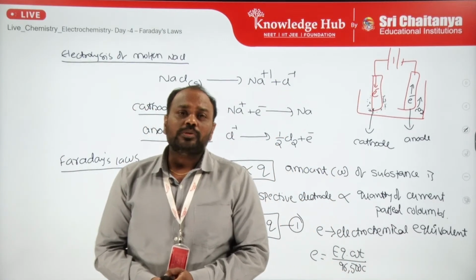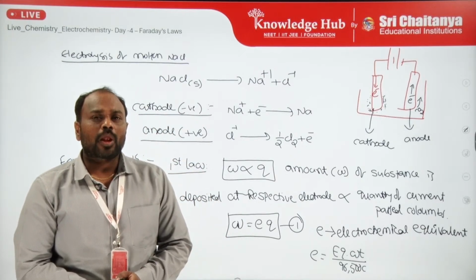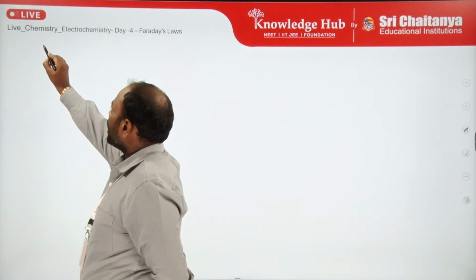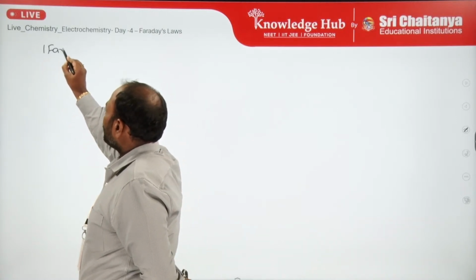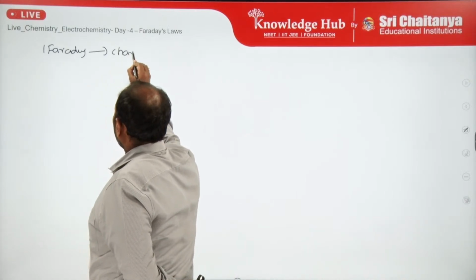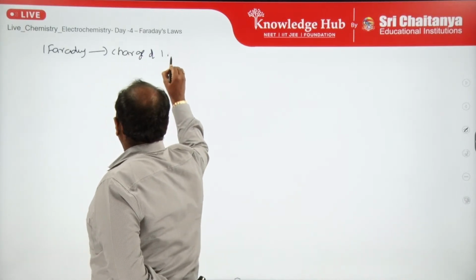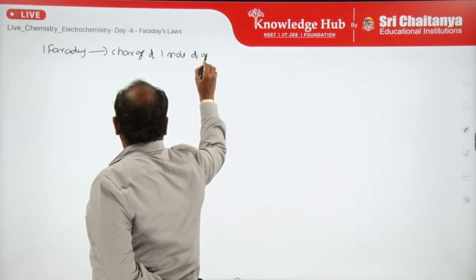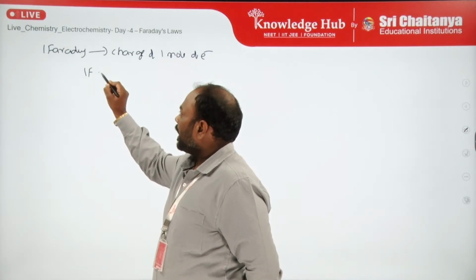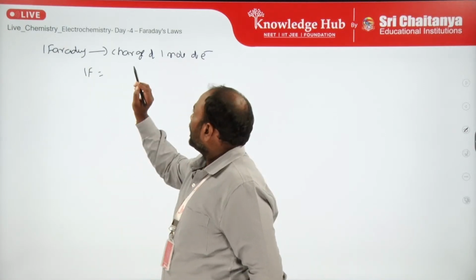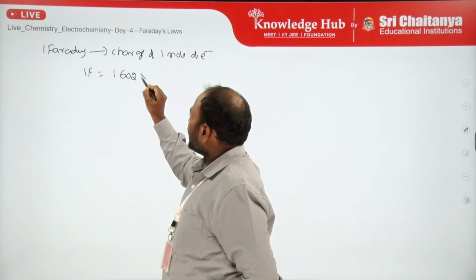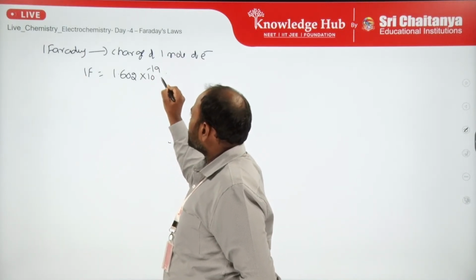This value is equal to the charge of 1 mole of electrons. So the charge of 1 mole of electrons is known as 1 Faraday. What is the charge of 1 electron? Faraday is represented with F. The charge of 1 electron is 1.602 into 10 power minus 19 coulombs.